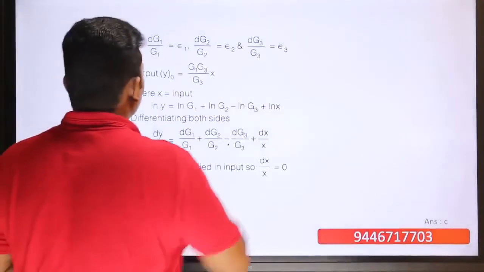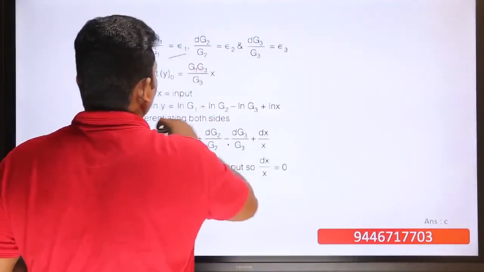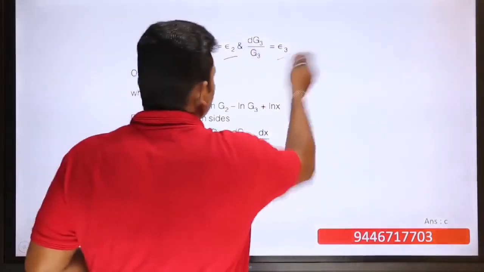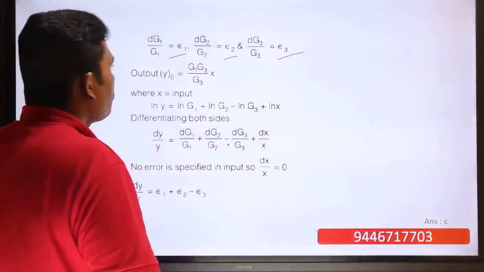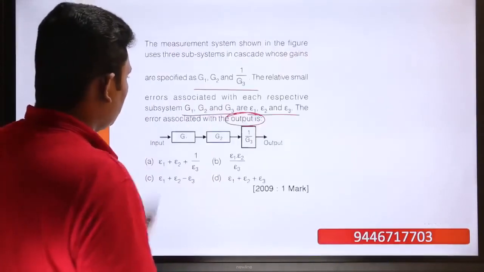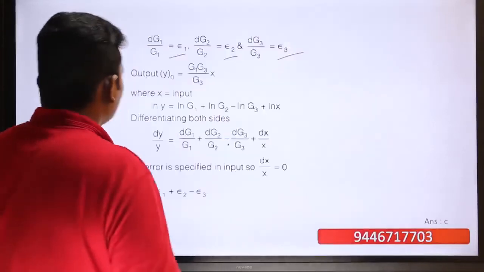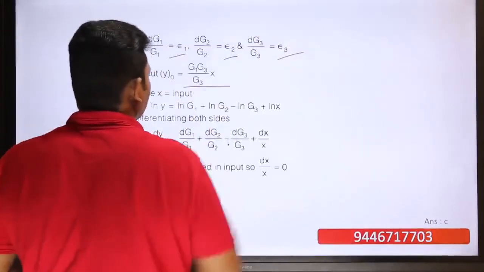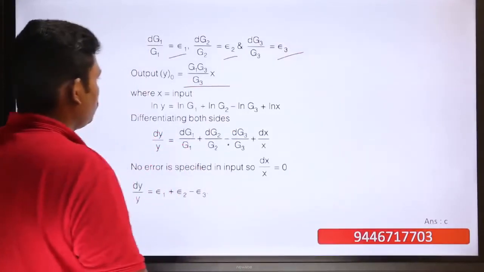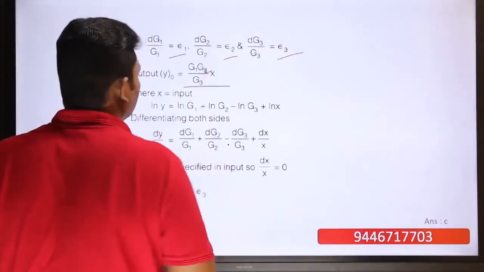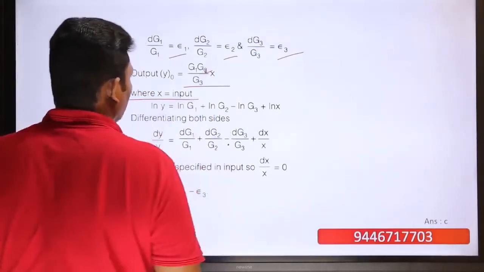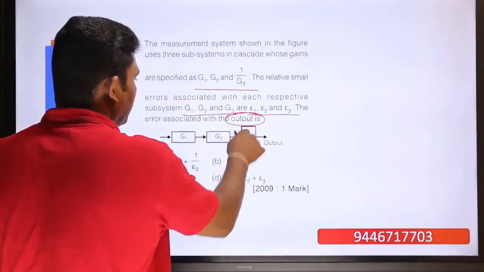So dG1 by G1 equal to epsilon 1, and dG2 by G2 is equal to epsilon 2, and dG3 by G3 is equal to epsilon 3. Okay. So we can see that the total gain is equal to G1, G2 divided by G3, and then the output will be equal to G1, G2 by G3 into X, where X is the input, because the gains already given are G1, G2 and 1 by G3.